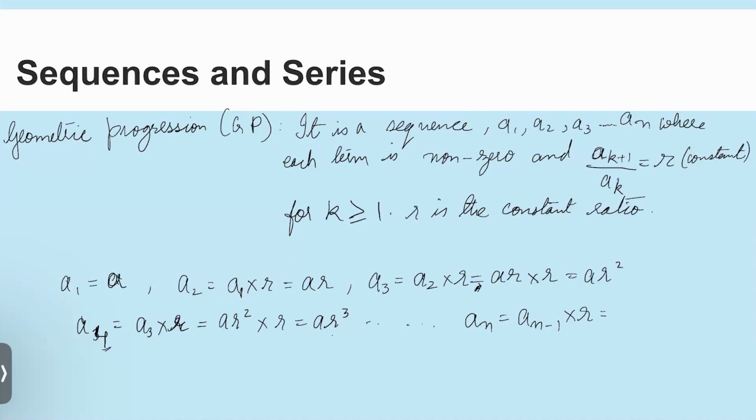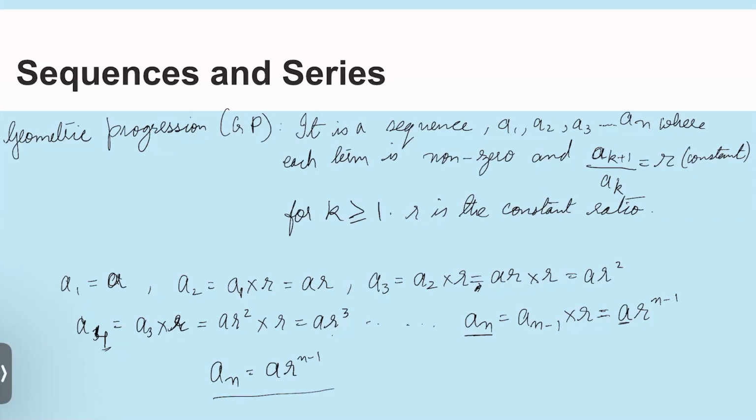So what you get finally is A, the first term, multiplied by R raised to N minus 1. So this becomes your AN equals A R to the N minus 1, where A is your first term and R is your common ratio. This is how you can get the nth term for any geometric progression.